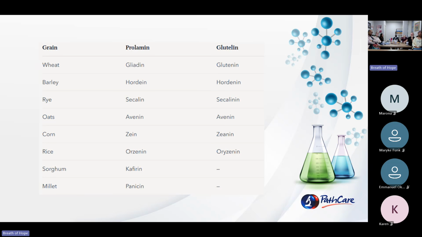For rye, secalin and secalin. And then oats is a bit of a contentious one, because in most areas, they say that oats don't contain the pathogenic amino acid sequences that do cause the symptoms. Sometimes they find it does and sometimes they don't, but it is in general not supposed to cause disease.